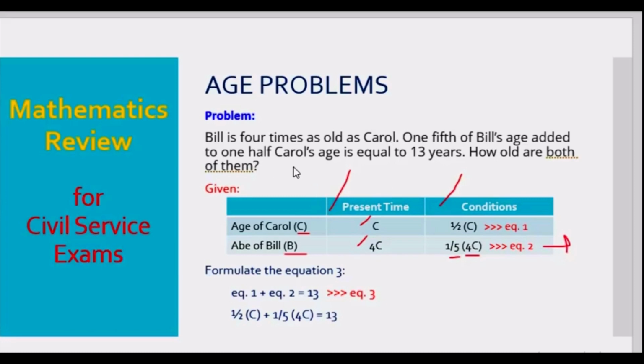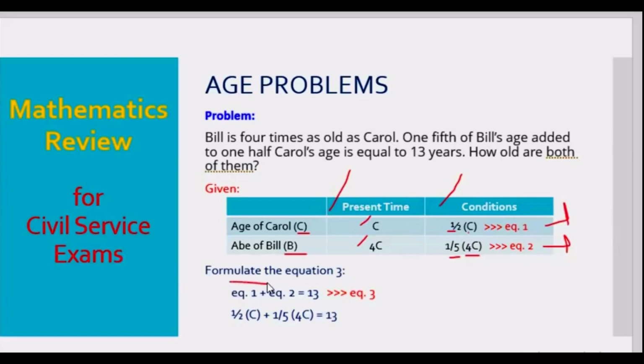Then, 1/5 of Bill's age is added to 1/2 of Carol's age, which is C, which is now our equation 1. Kung baliktad mo yan, hindi naman yan magbabago ang answer. Kahit si Carol ang equation 1 or si Bill ang equation 2.